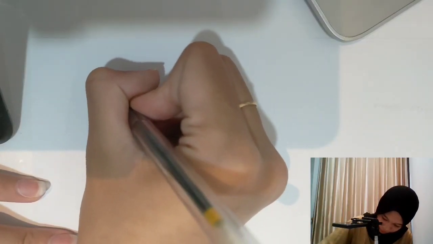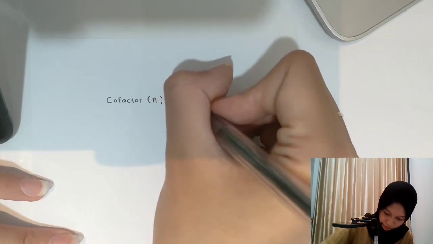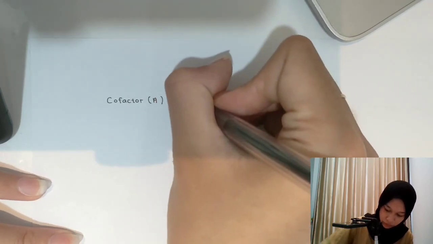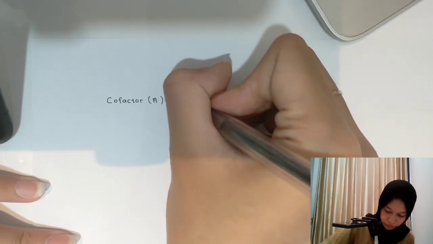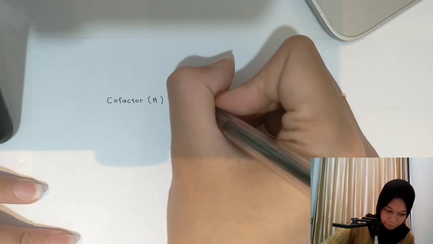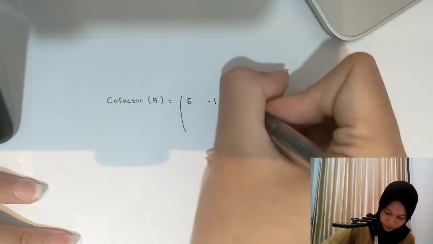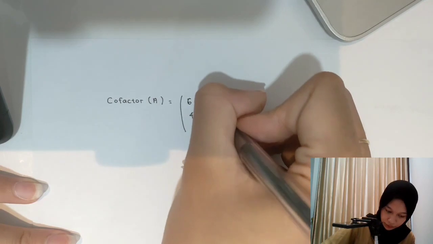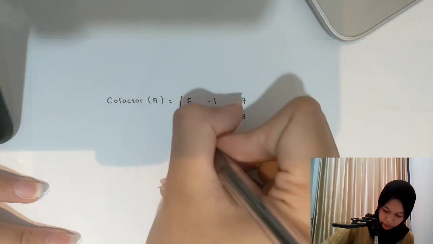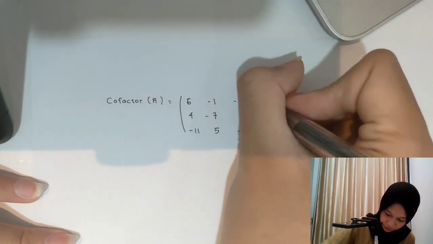So from there, we can find the cofactor of A will be 6, minus 1, minus 7, 4, minus 7, 8, minus 11, 5, and minus 3.